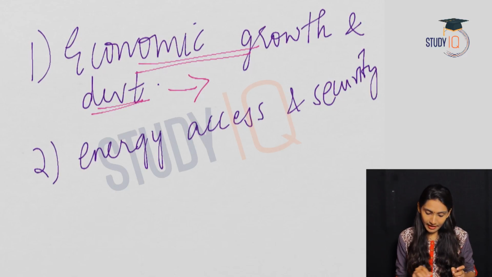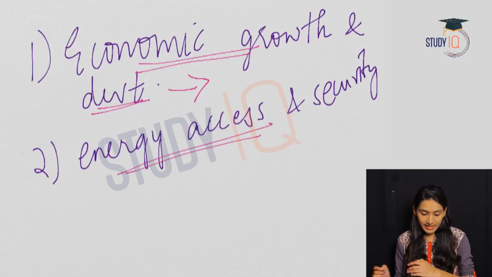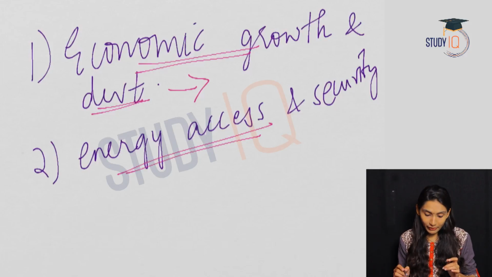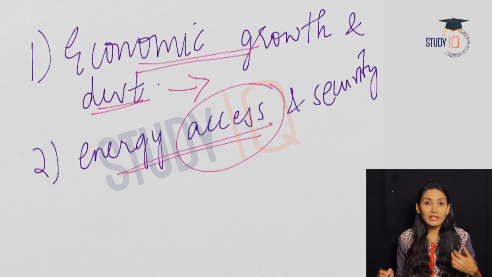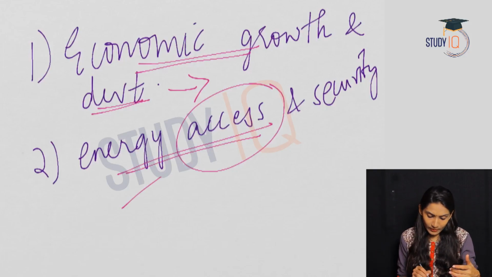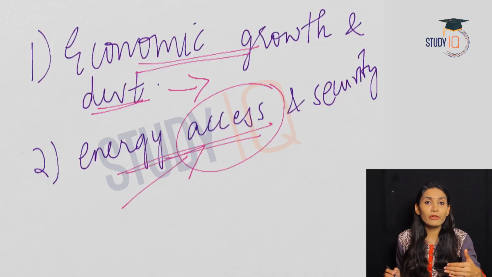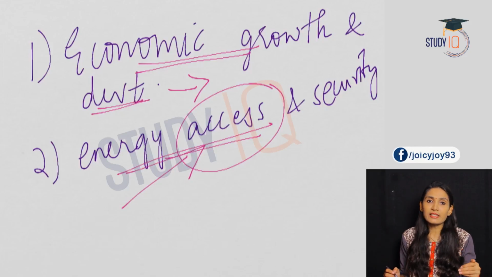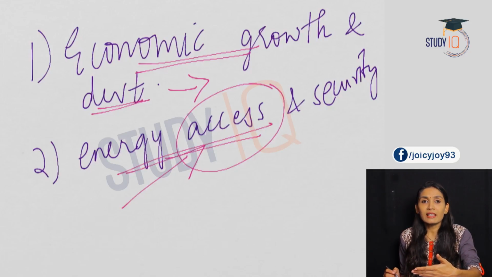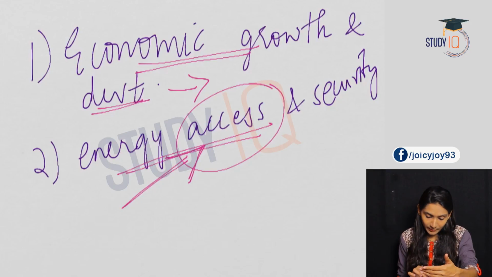Under this dimension, the World Economic Forum analyzes how the population of a country has access to energy. For example, how energy resources are accessible for the citizens of a country. If we take the example of electricity, it is a form of energy, and how much accessibility does electricity have for rural people or for the population of that particular country. So this dimension is measured on the basis of access and also energy security.